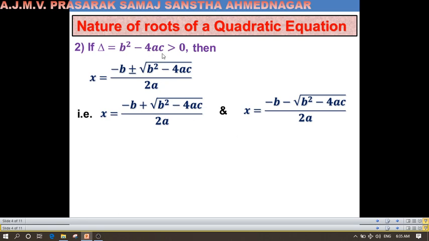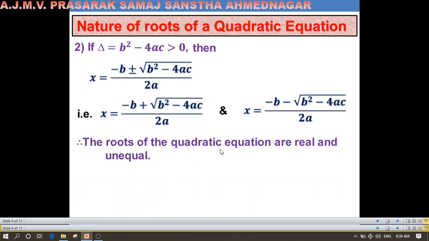Here a, b, c are real numbers, so value of discriminant delta is a real number which is greater than 0. So both roots are unequal and real. So the roots of the quadratic equation are real and unequal. So see here, if delta is greater than 0, then the roots of the given quadratic equation are real and unequal.